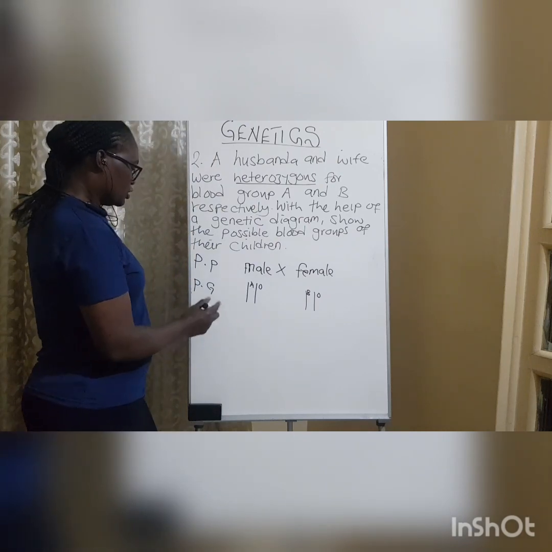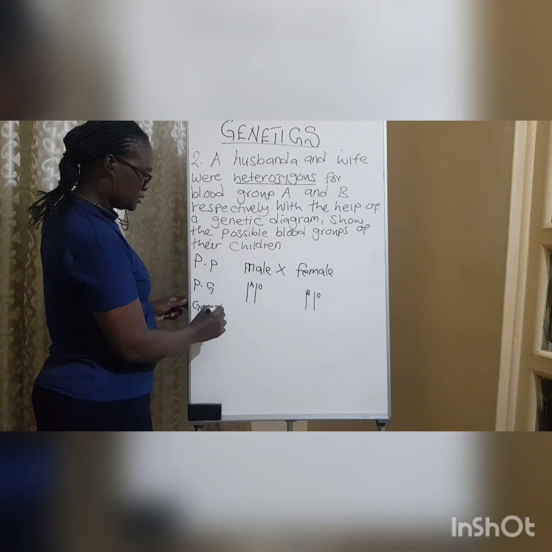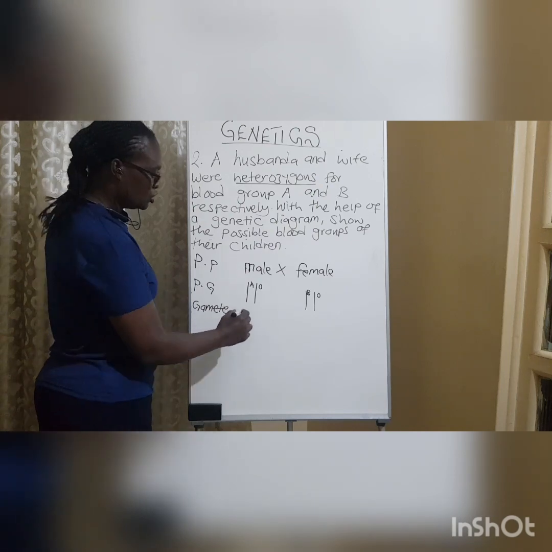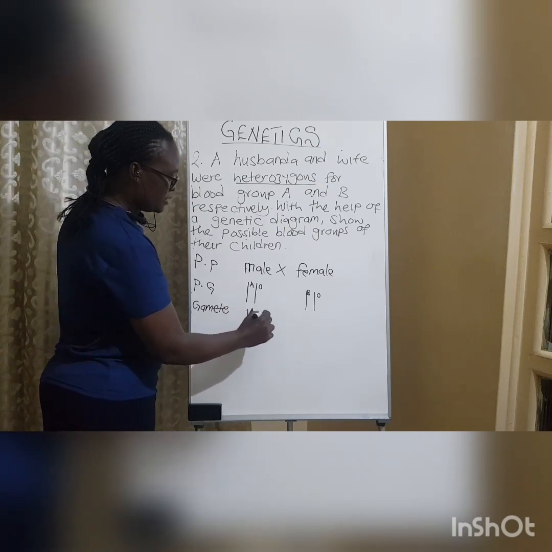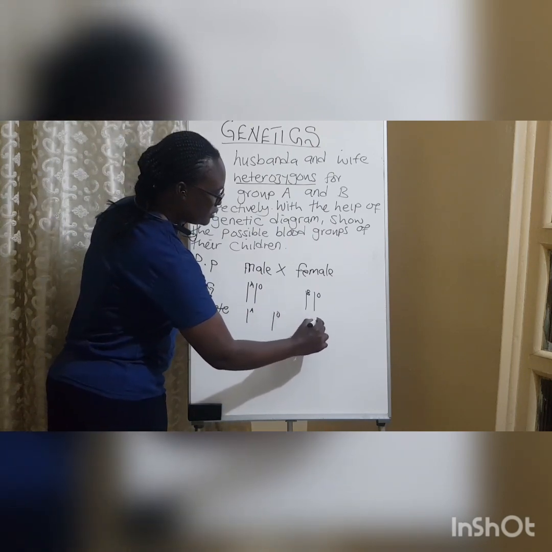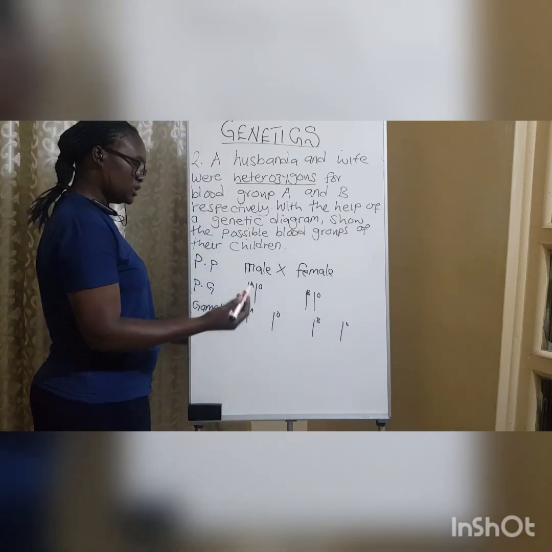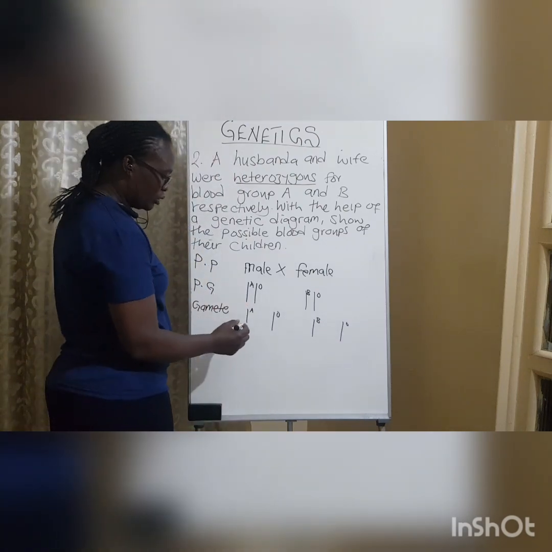Very good. What are the gametes? We separate just like we did in the previous question. So we have an A here, an O there, a B here, and an O there. Then we cross them. We see what kind of children they are going to have.